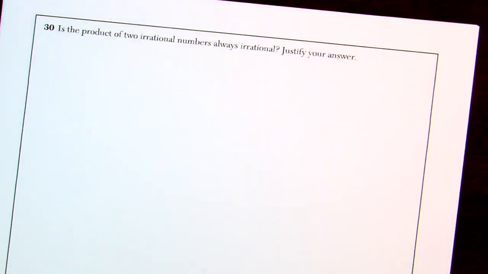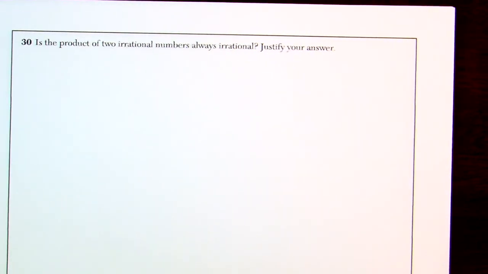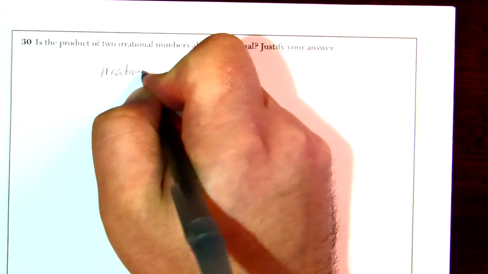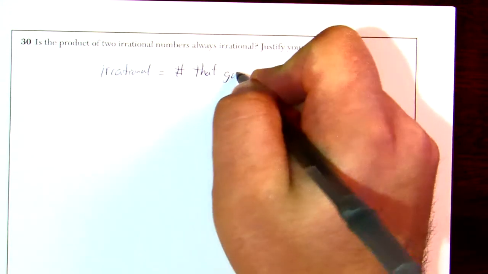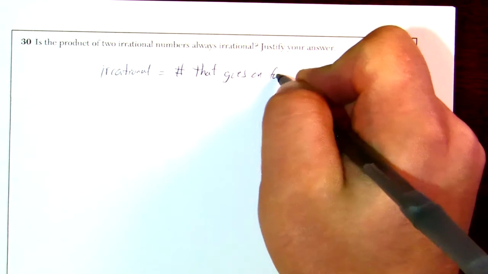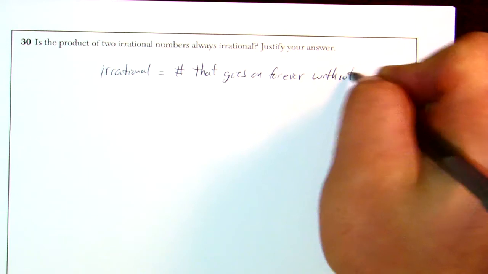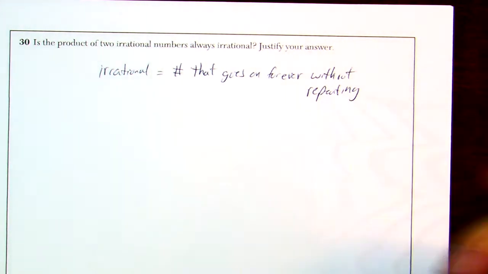Okay, continue to move on. It says, is the product of two irrational numbers always rational? Justify your answer. Okay, this comes from the very beginning lessons when we were doing properties, and we also include irrational and rational numbers. So remember, irrational is a number that goes on forever without repeating, or no pattern.